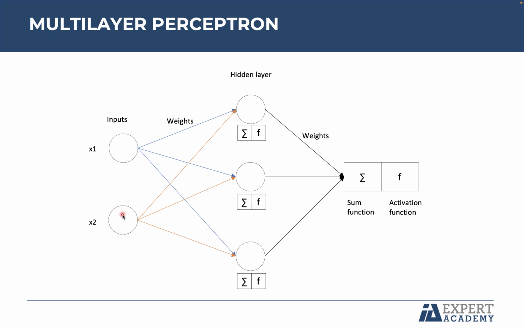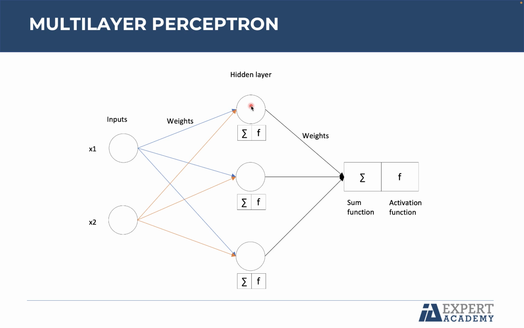Similarly, x2 is connected to the first, to the second, and to the third neuron of the hidden layer. There are 6 links between neurons, and each link is a weight. So, there are 6 weights connecting the input layer with the hidden layer.